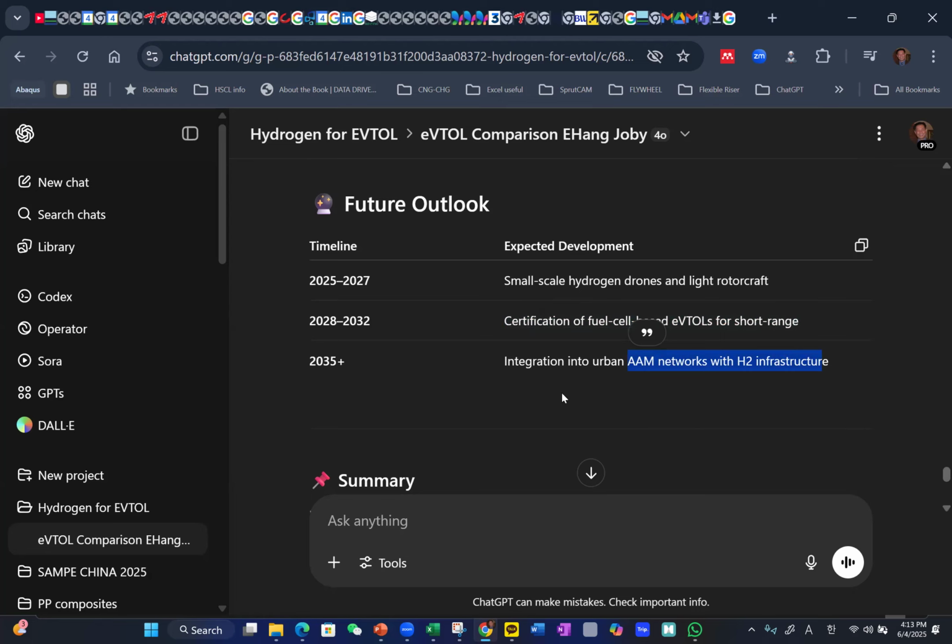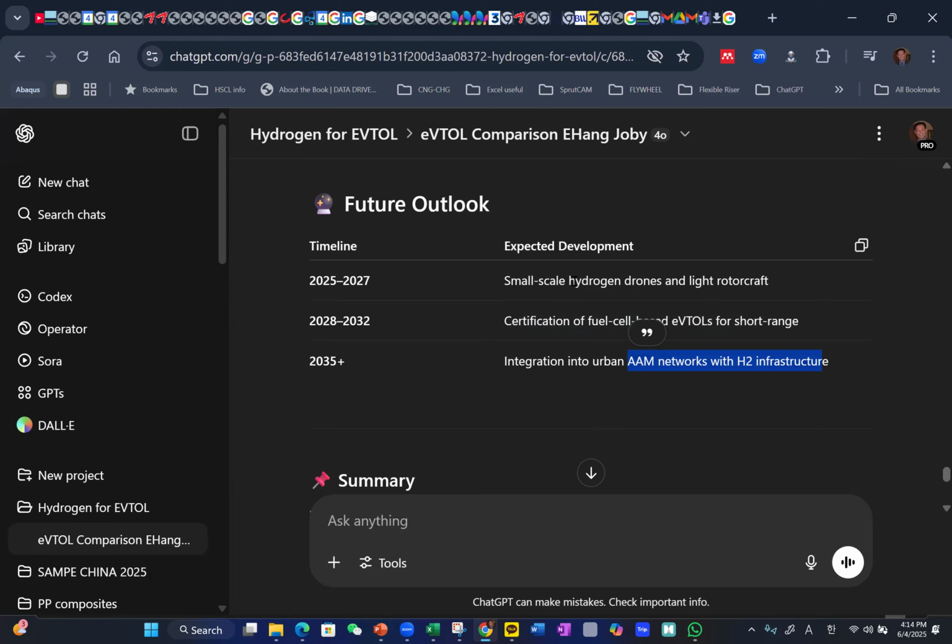See, as you can see, the main reason why eVTOLs are using the battery is not because the battery is better than the hydrogen system, but because the battery power system is fully commercialized. So that's the reason.